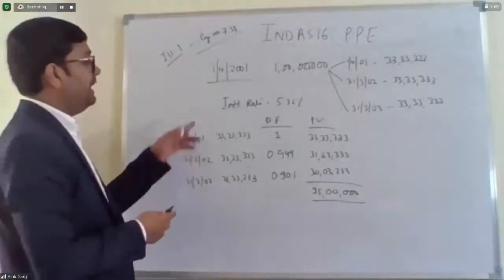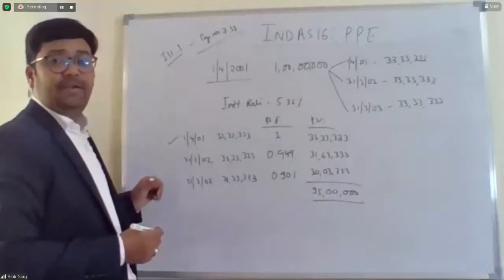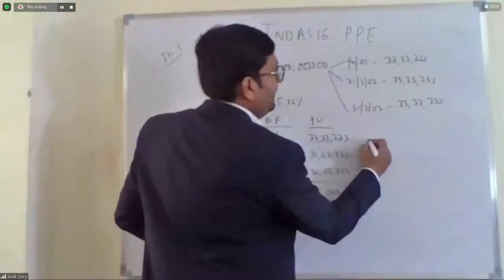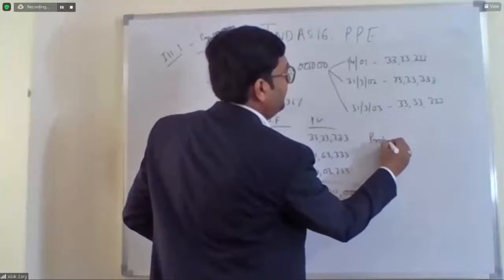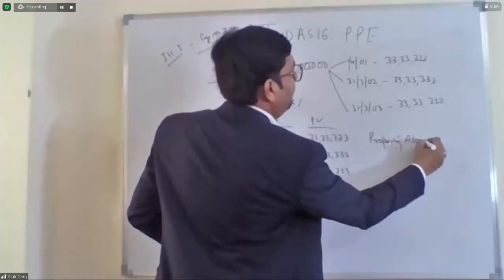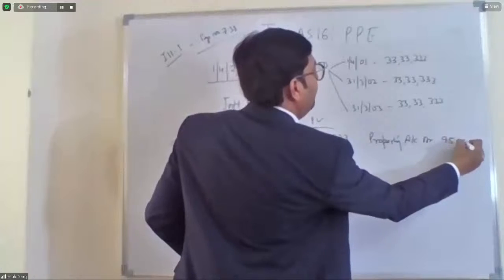So what will be the accounting entry on day 1? Property account debit, 95 lakh.